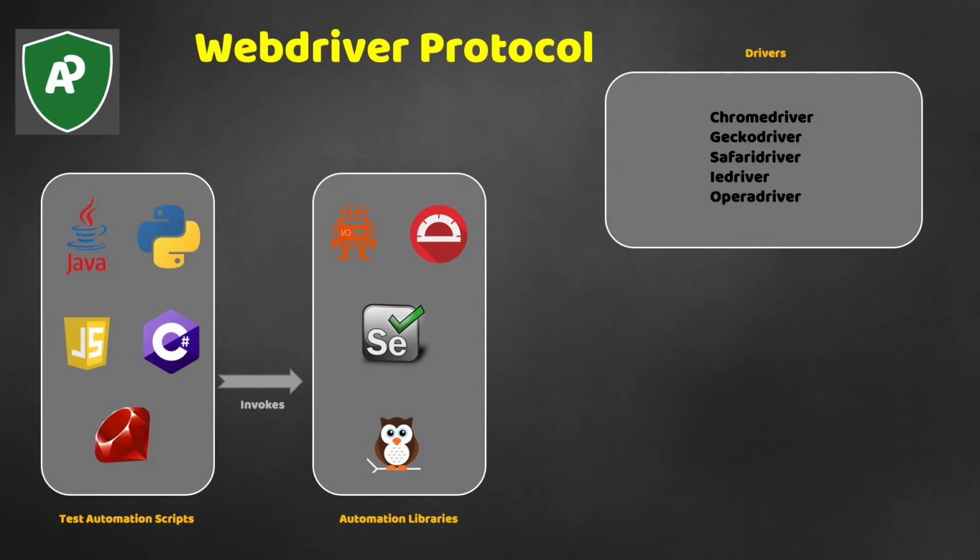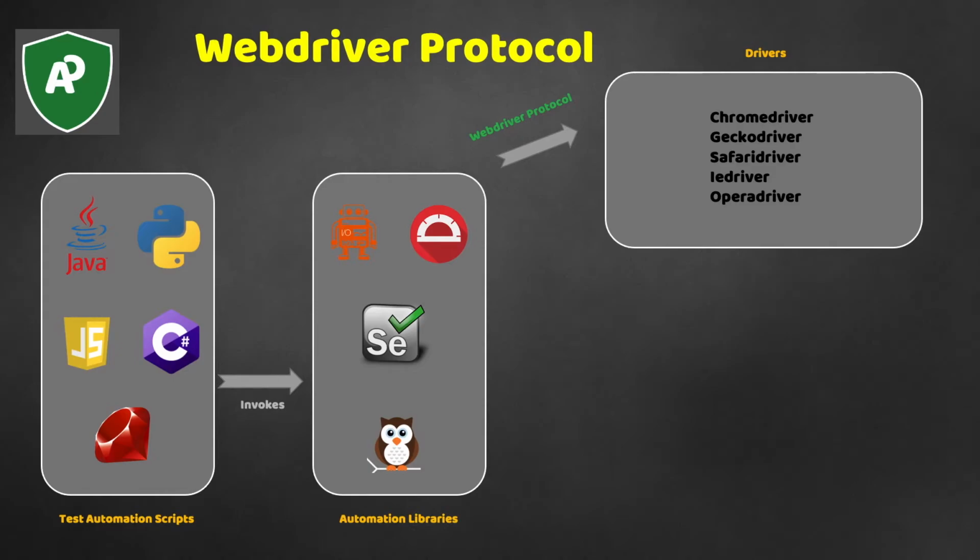If I have to automate a Chrome browser, then the automation library, let's say WebdriverIO, needs to communicate with the Chrome driver, and for that the version compatibility has to be there. In addition, the WebdriverIO automation library has to communicate with the Chrome driver through the protocol which we call WebDriver.